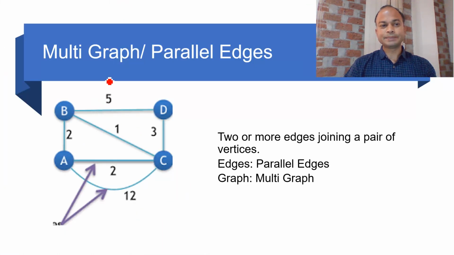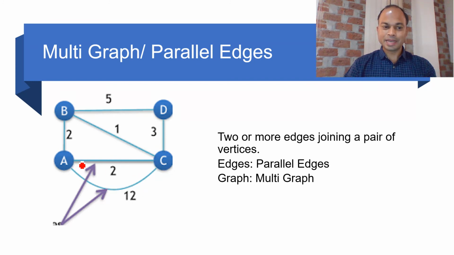If we talk about the multigraph and parallel edges, if we have two or more edges joining a pair of vertices, then this concept is called parallel edges. Say we have vertex A and vertex C. This is the first edge, this is our second edge. Vertex A and vertex C are joined by a pair of edges.